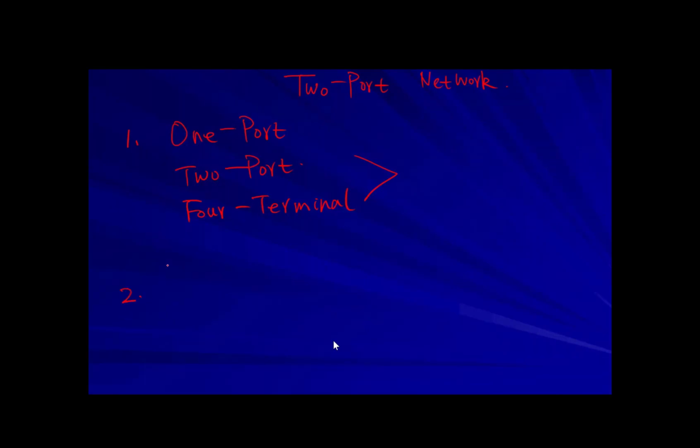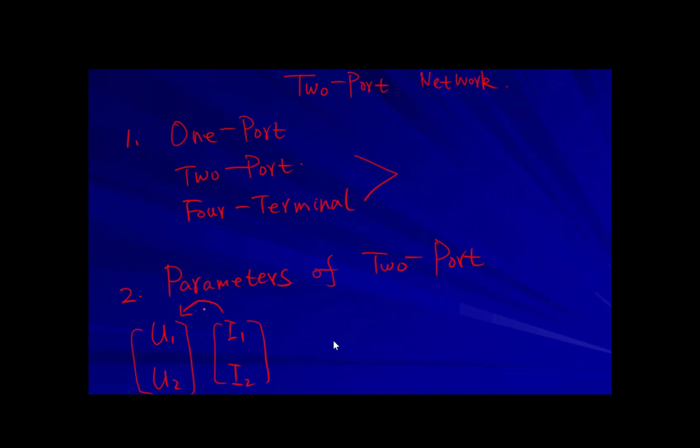Question 2 is the parameters of two-port networks. We have learned the Z and Y parameters, used to express U1, U2, I1, I2. If I1, I2 express U1, U2, this is Z. If U1, U2 express I1, I2, this is the Y parameter.